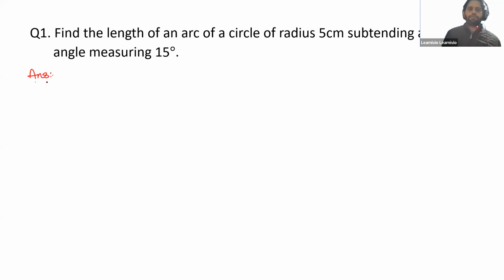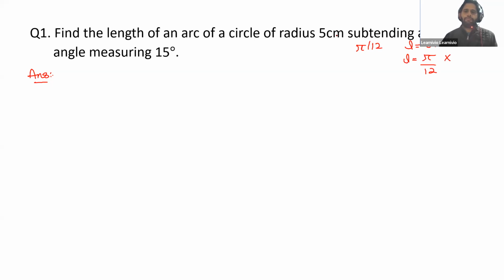So first of all, Yusra, you need to convert this degree into radian. You have converted this one, Yusra. Yes, sir. So you get pi by 12. Am I correct? Yes, sir. Okay. Then theta is equal to L by R, so L is equal to theta into R. So L is equal to pi by 12 into the radius.